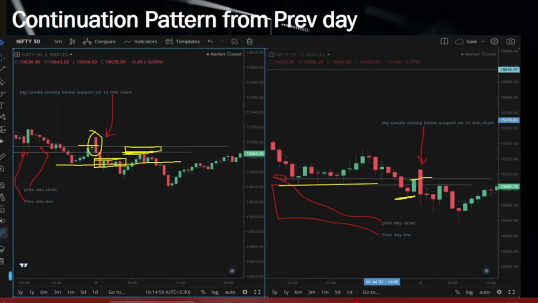Now, a very important thing that we'll see in a lot of the patterns that we are going to discuss. Here, as you can see, there is one engulfing candle. Here is one engulfing candle. These are going to be indicators of your entry. And like we know, no strategy that we talk about, or any trader talks about, is a 100% guaranteed strategy.